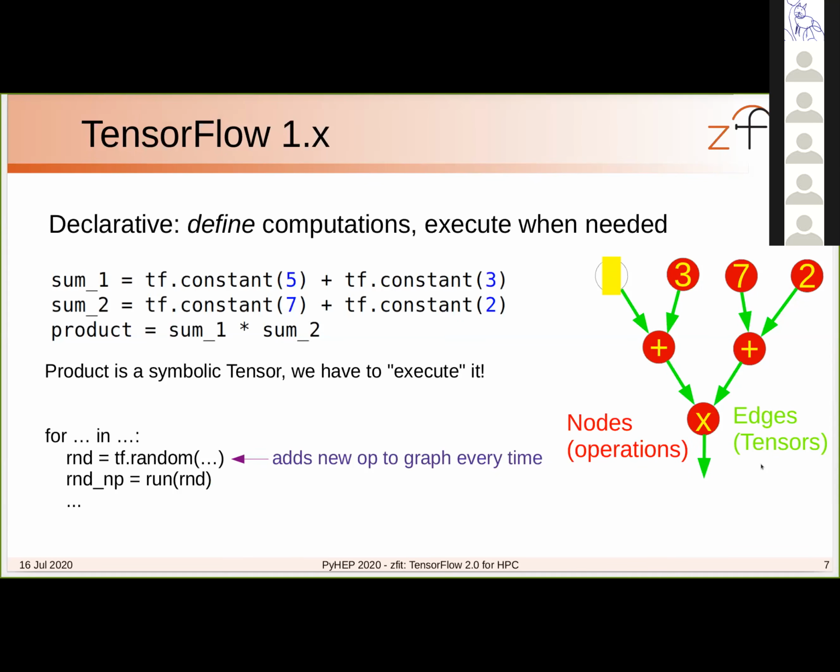You had to say, I want to have this element and this element together, and what you get then is a symbolic tensor, which is not yet the result, but we have to execute it. And then you can do stuff like the for loop in the left lower corner that just adds up things, and it creates too many operations. So basically you're doing the wrong thing there.